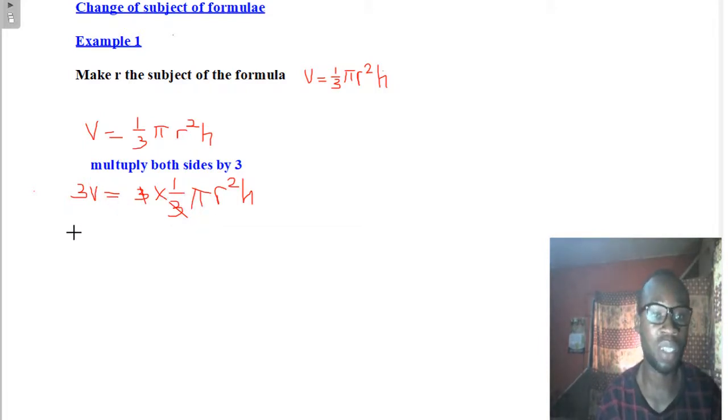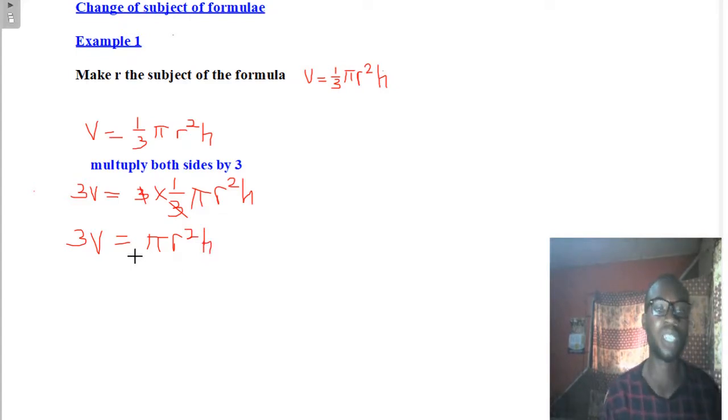So we have 3v is equal to pi r square h.